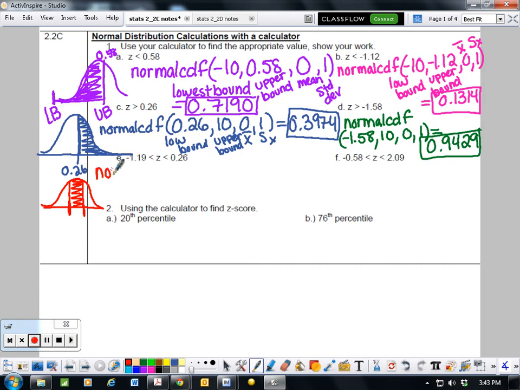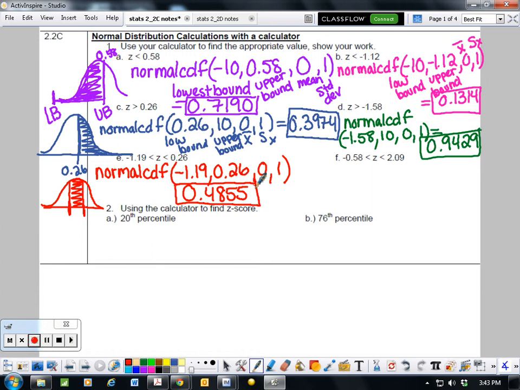So for my normal CDF, my lower bound is -1.19, my upper bound 0.26, a mean of 0, and a standard deviation of 1. And so now I get 0.4855. And that's our value.